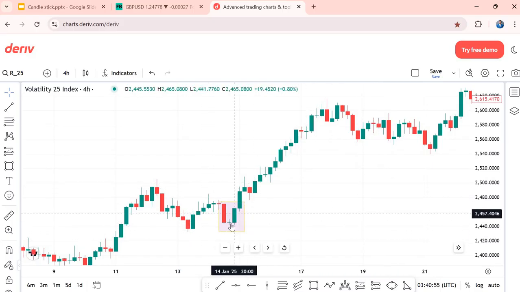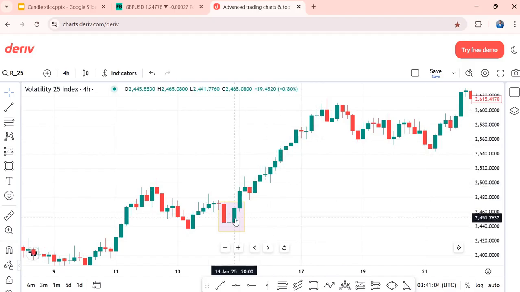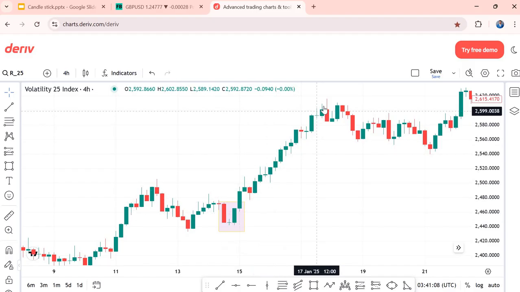You could see that this morning star candlestick pattern was forming on a support, and look at how price moved up. So if you are a trader, it's an advantage for you to find an entry for a buy, to join the bulls to push the price up, and then you make some profit from there.